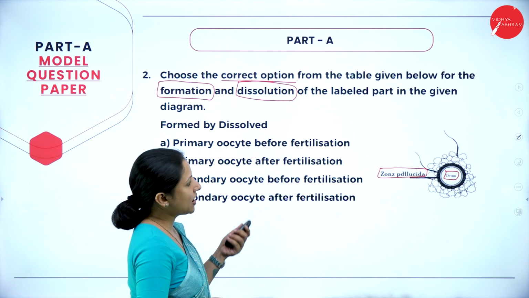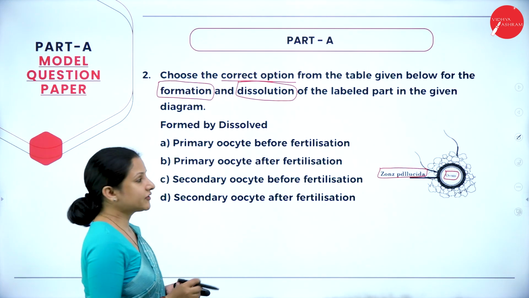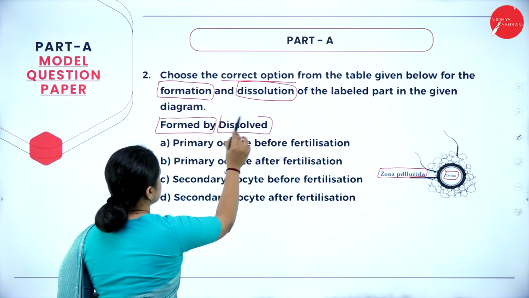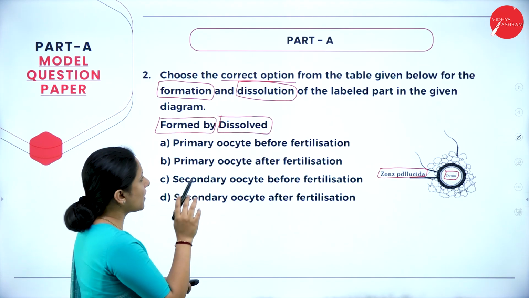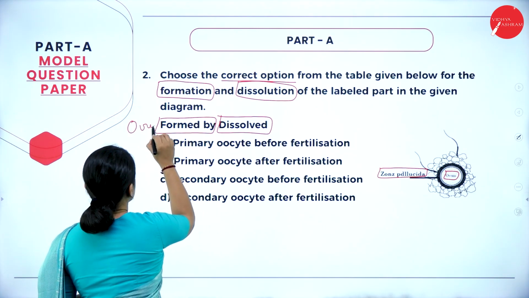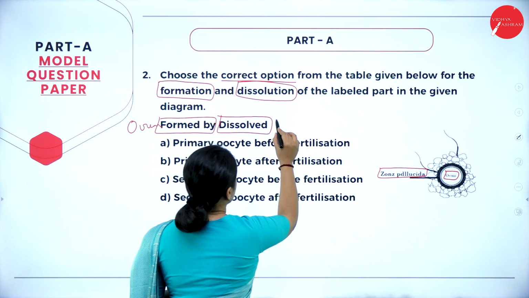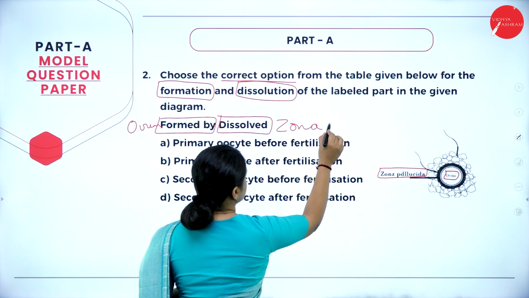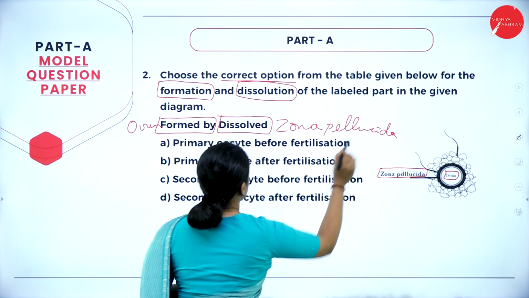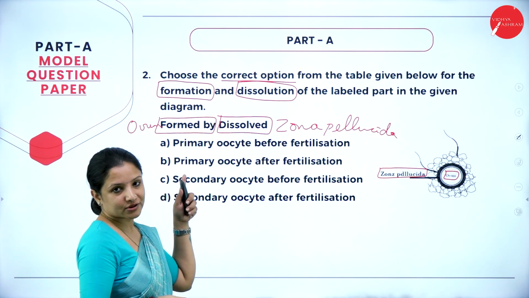They have given here 2 columns, formed by and dissolved. So, ovum is formed by, and when the zona pellucida is dissolved is what we need to see here.